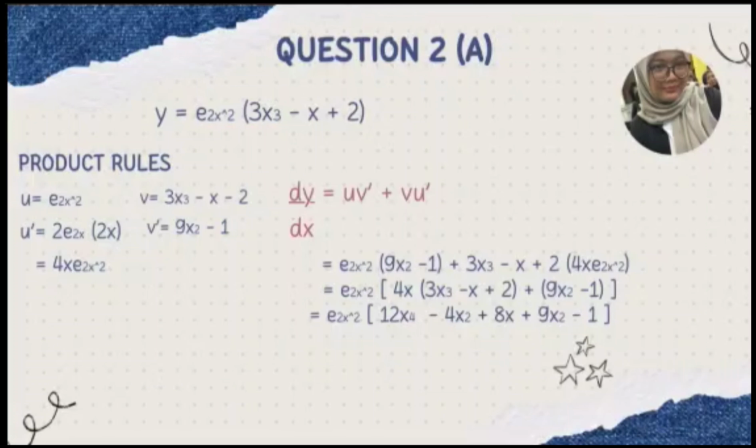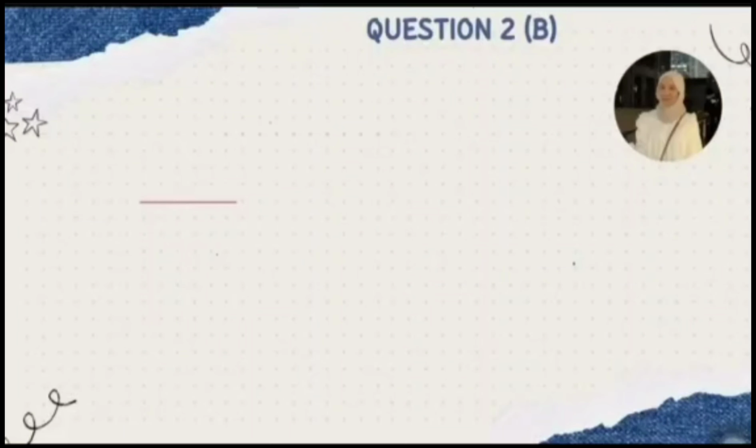After that, you simply solve the equation inside the bracket. And finally, you will get the final answer. The answer is dy over dx equals e to the power 2x squared multiplied by 2 in bracket 12x to the power of 4 plus 5x squared plus 8x minus 1, close bracket.